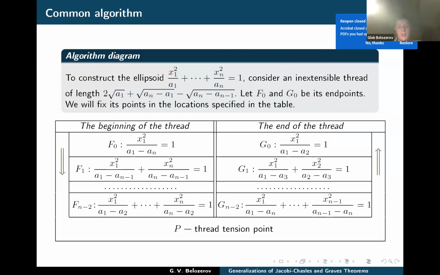Note that this construction is only for an ellipsoid, using some points in R^n to construct the ellipsoid.